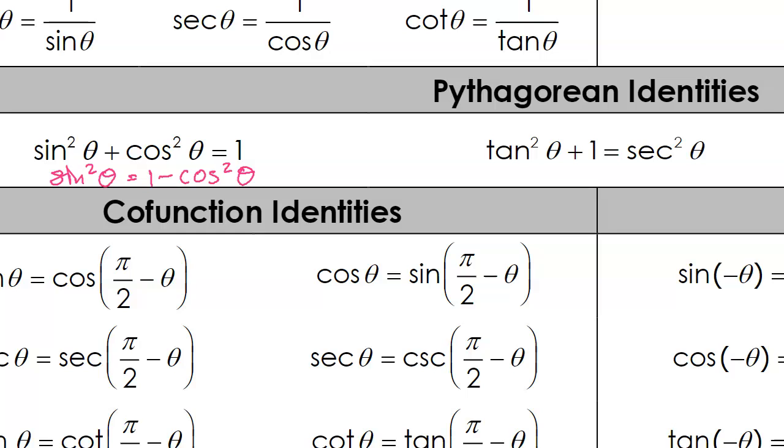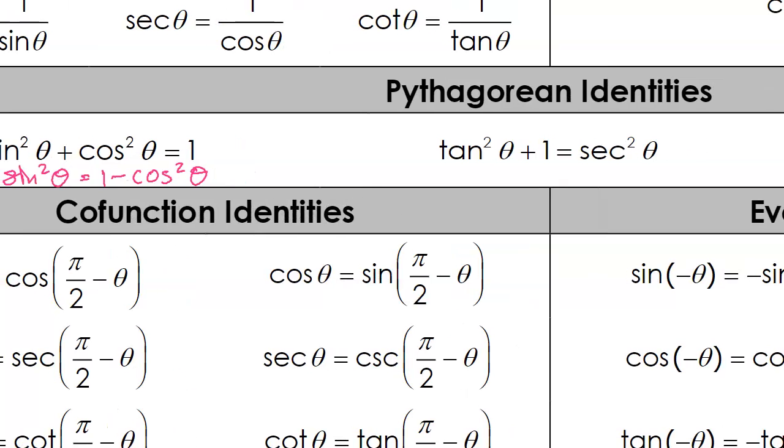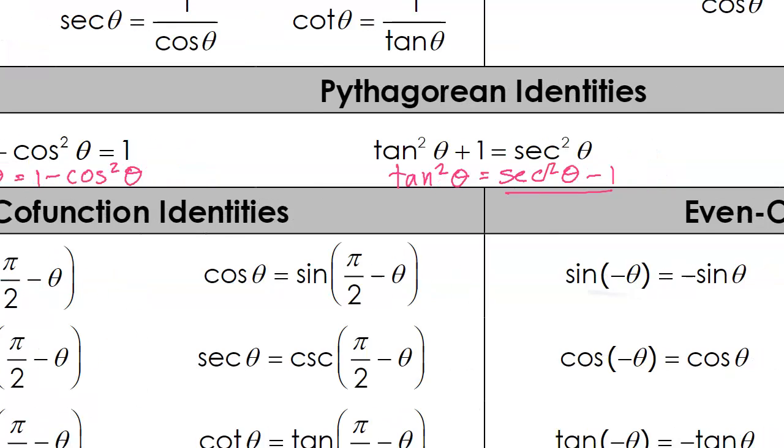So I was just showing you that we can shuffle these values around to equal what we want them to equal. So on this first Pythagorean identity, if I subtract cosine over, sine squared of theta is equal to 1 minus cosine squared of theta. Also, cosine squared of theta is equal to 1 minus sine squared of theta. The middle identity shuffled around gives us that tangent squared of theta is equal to secant squared of theta minus 1, which, oh my gosh, that's what we did in our class.